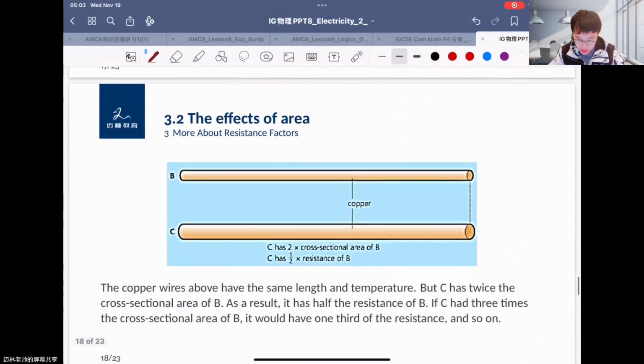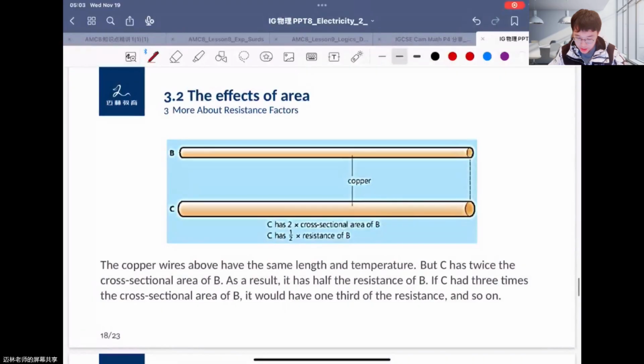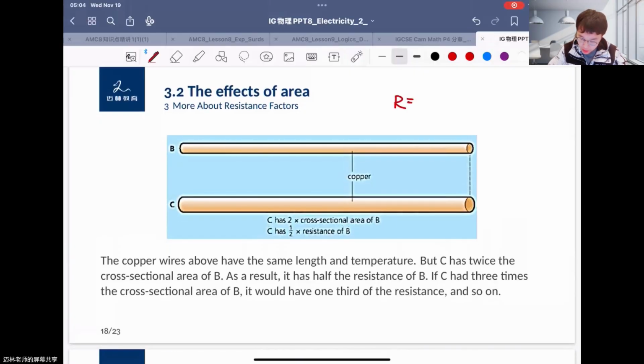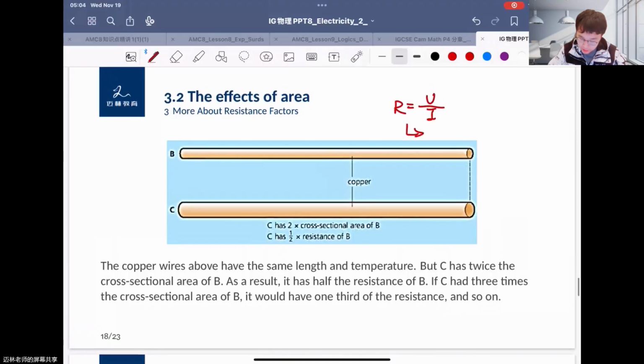So secondly, we are discussing the effect of the area, and here you can find B and C, also connected with wires and put into the circuit, and you'll find that using Ohm's law, R equals U over I, the resistance of B is 2 times the resistance of C. And you'll find that here their length is the same and the material is the same, but the cross-sectional area is quite different, right?